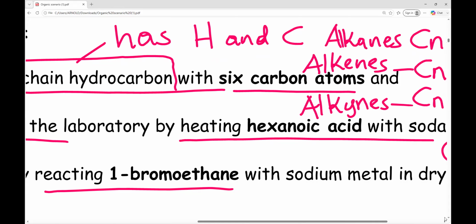I'm going slowly because we haven't covered a lot. I've been always saying this. So at this point in time, there are three hydrocarbons we know: alkanes, alkenes, and alkynes.